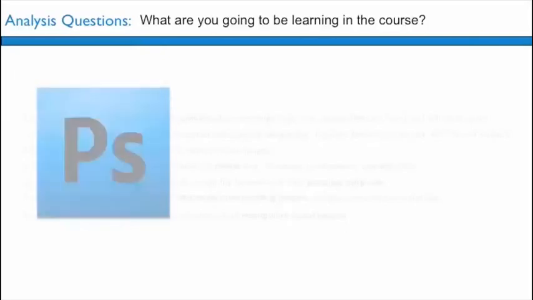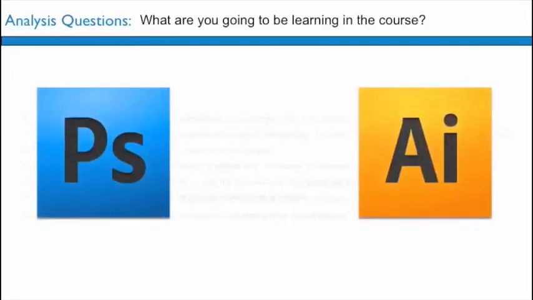The second point that I'd like to make in relationship to learning outcomes is that you don't need to know a specific software to do well in this course. For example, many people might feel that they'll learn Photoshop or Illustrator or some other creative program that they want to learn how to use. However, these things are not going to be taught in this course. There are many other great courses that you can learn things about specific programs or softwares.